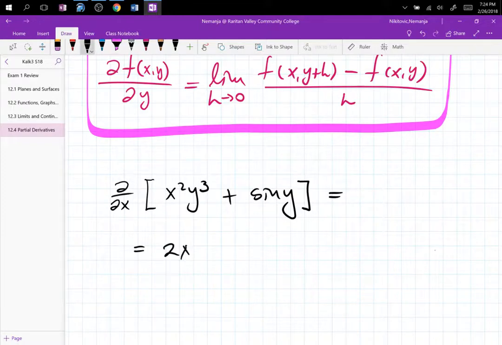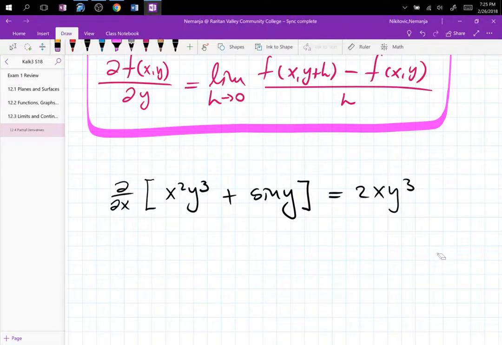So it's 2xy cubed. And what's the derivative of sine y with respect to x? It's plus 0, because we said y is constant.